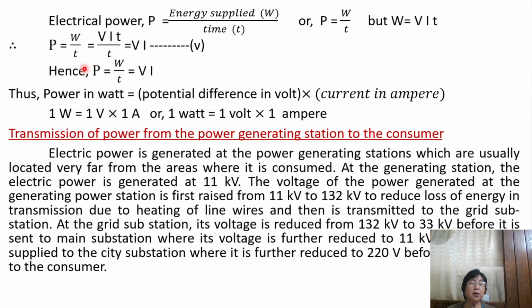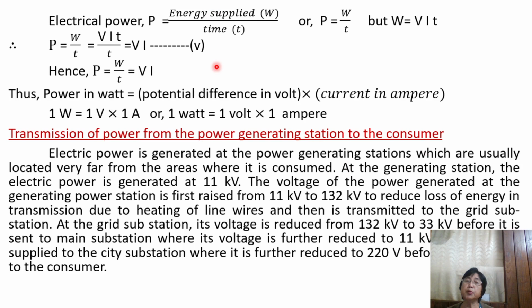The unit of power is watt. So 1 watt is equal to 1 volt into 1 ampere. Please remember these relations. Then we go to transmission of power from the power generating station to the consumer.